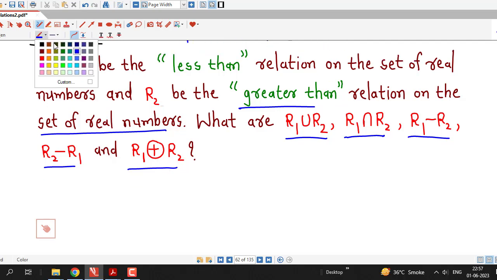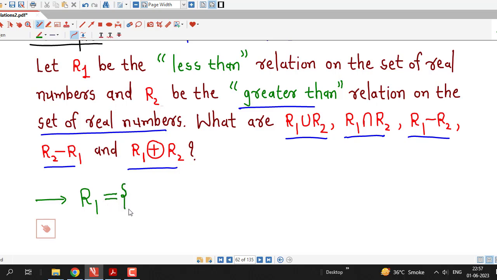So first we write down whatever is given. It is given that R1 is the less than relation on the set of real numbers. That means R1 is the set of all those ordered pairs (x, y) which are in R cross R such that less than relation, that is x is less than y.